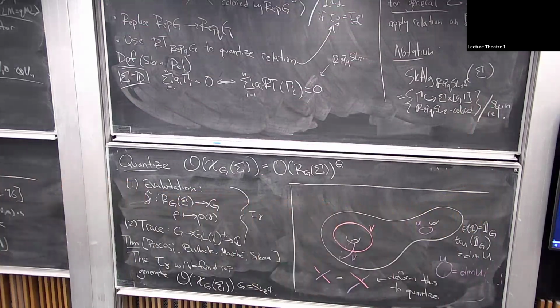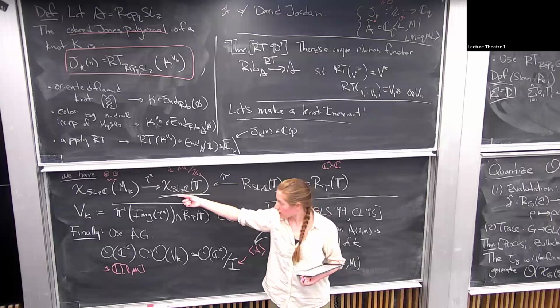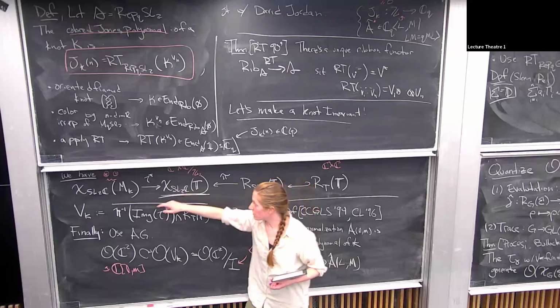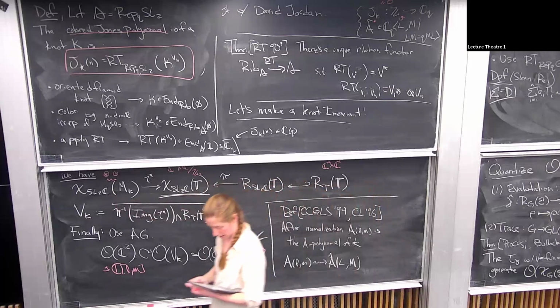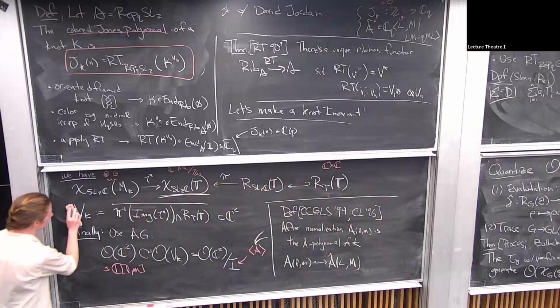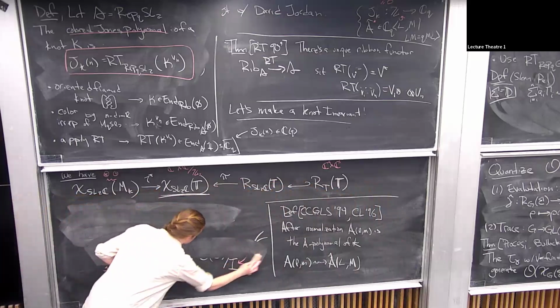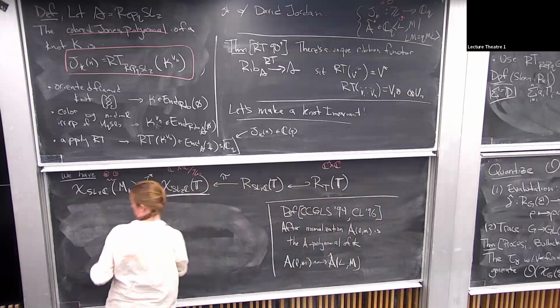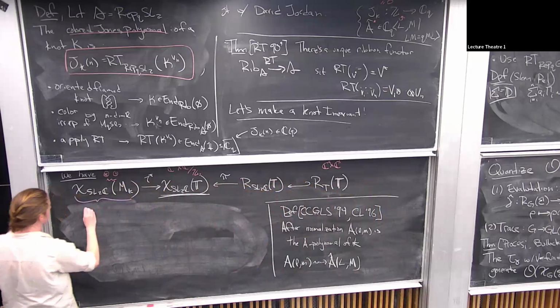So I've told you how to quantize this. I think it's time to tell you what happens with these other pieces here. Maybe I'll erase a little bit so I have some room. So this one, we already saw in David's talk.